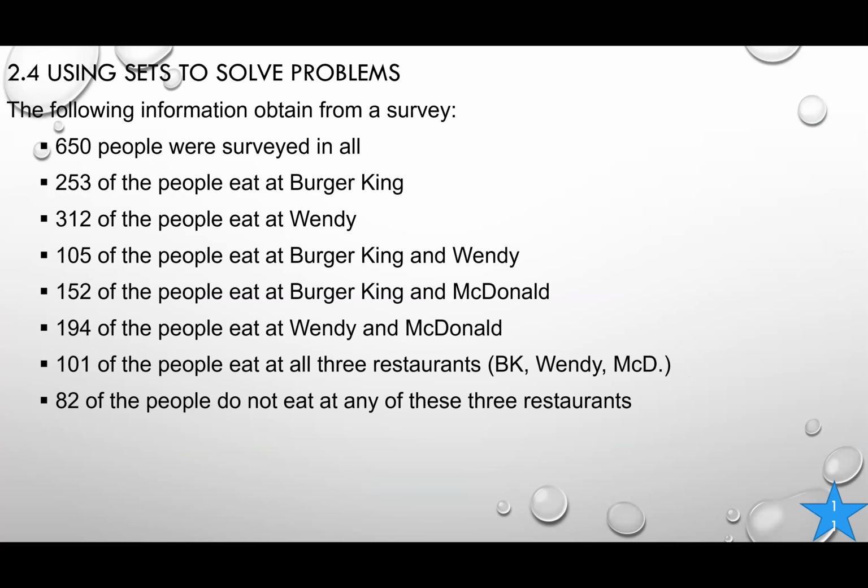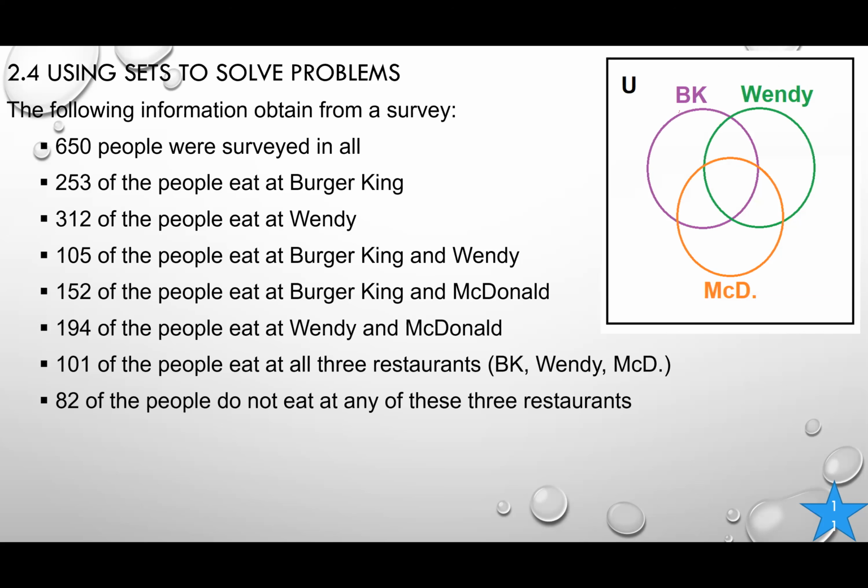Most of the time, they will ask you to construct a Venn diagram. If you construct the Venn diagram, everybody see that we have 3 different sets: Burger King, Wendy's, and McDonald's. Like I mentioned, this is your 3-set Venn diagram, for 3 different categories.